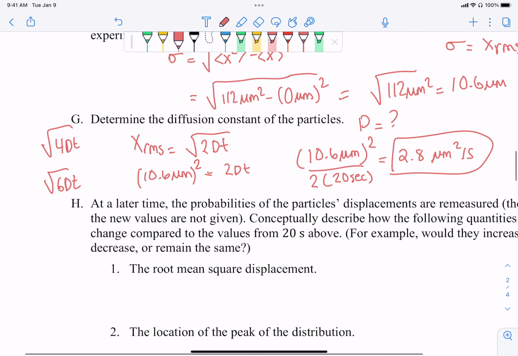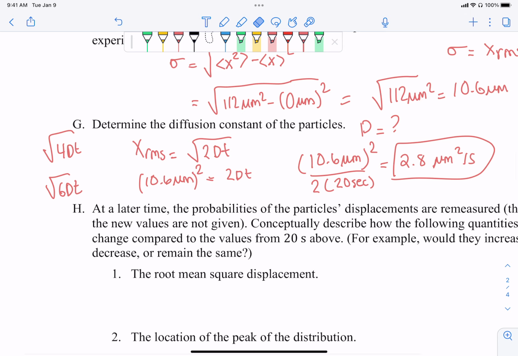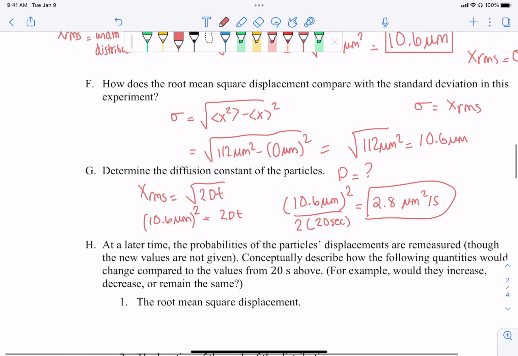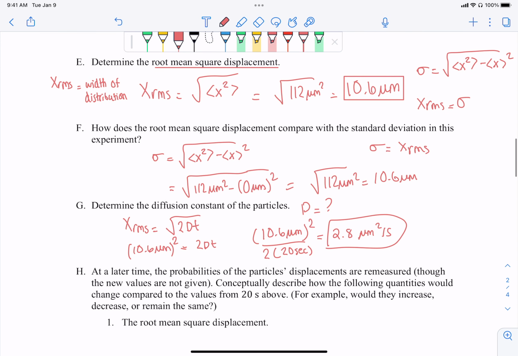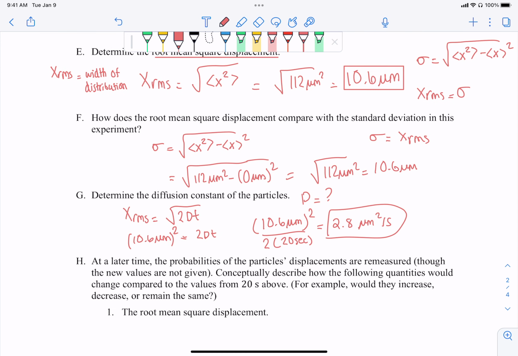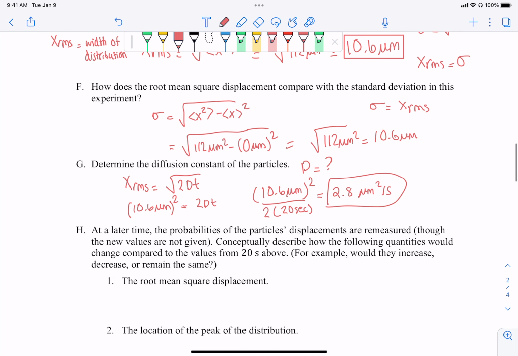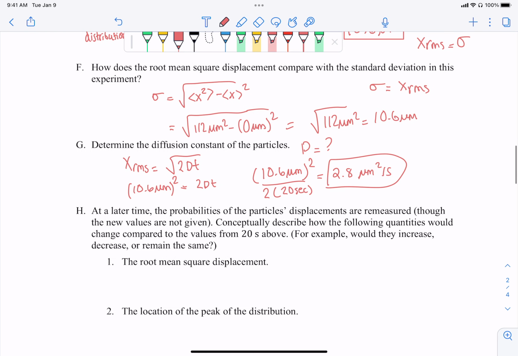Yeah, you can do that as well. That works. Because at that point, it would just be your mean square displacement alone divided by 2D to get your time, or by 2t to get your diffusion constant.